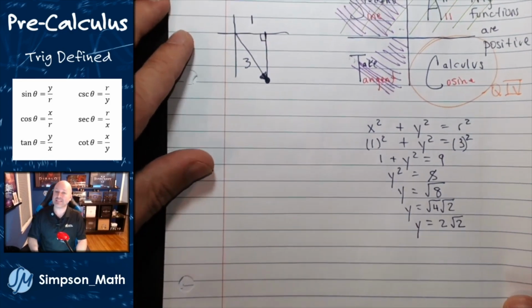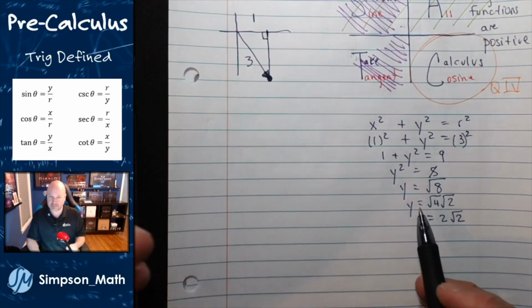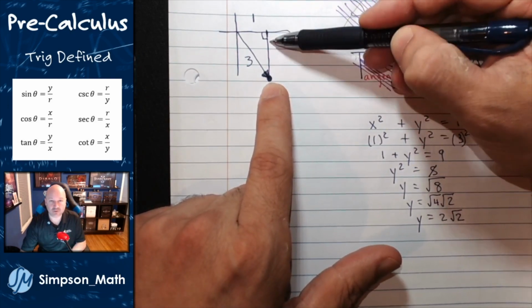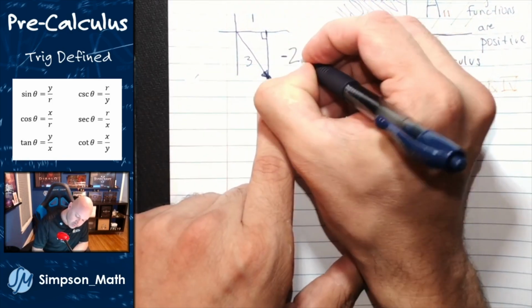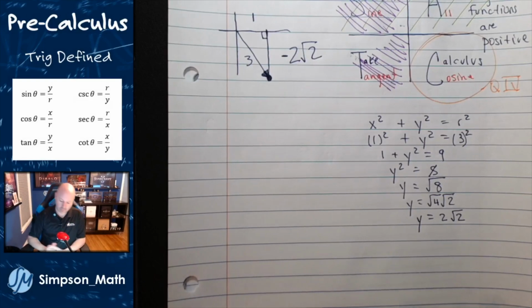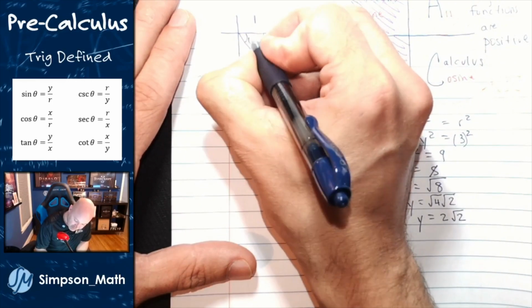Oh, but let's not forget, when you take the square root of a number, there's a positive and a negative possibility. And because we're talking about this negative y value, I think I'm going to go ahead and label this as negative 2 root 2. All right. I think I have enough information. Oh, I should label my reference angle, theta.